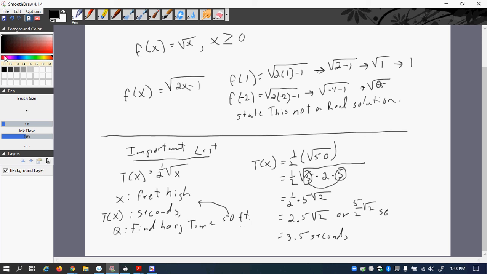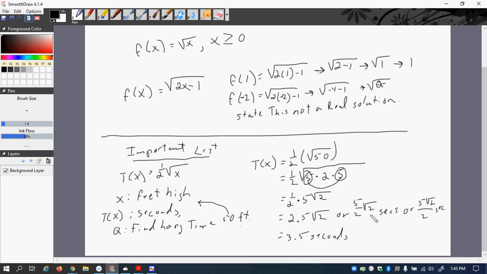And so sometimes in the book or on the homework, they want exact answers. And so this would be more accurate to say 5/2, or we could also write it another way, 5 square root of 2 over 2 seconds. So any one of these three would probably be acceptable unless they decided they don't want decimals.